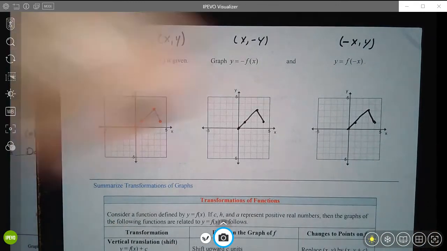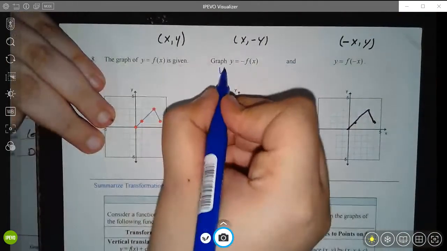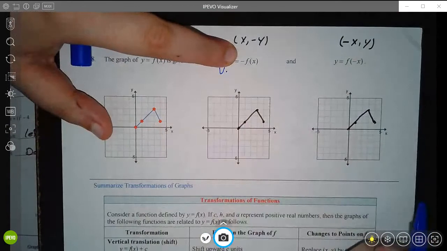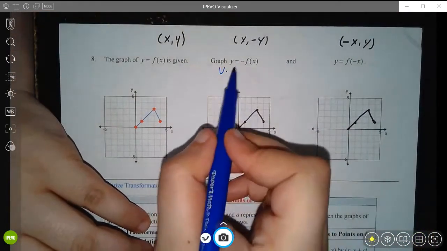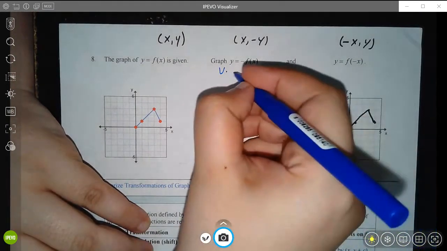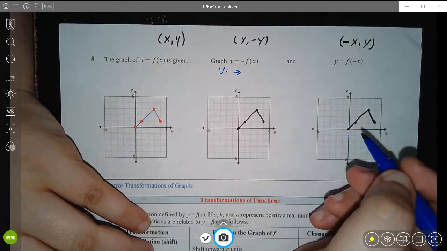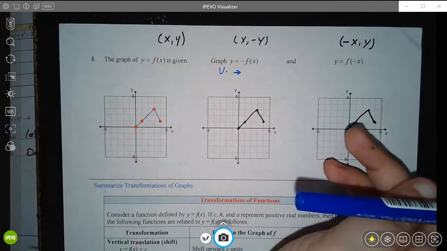Okay. Now, I'll do the first one in blue. So this is the vertical one, because the negative is on the outside. So let's start. Since it's vertical, is this going to happen across the y-axis or the x? What do you think? X or y?